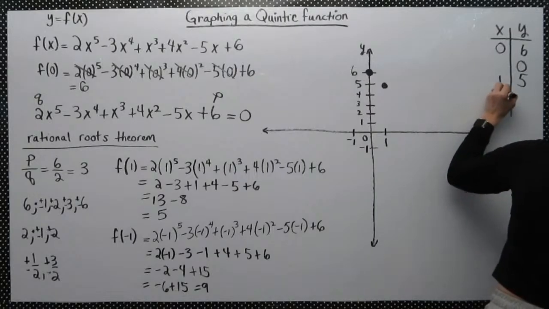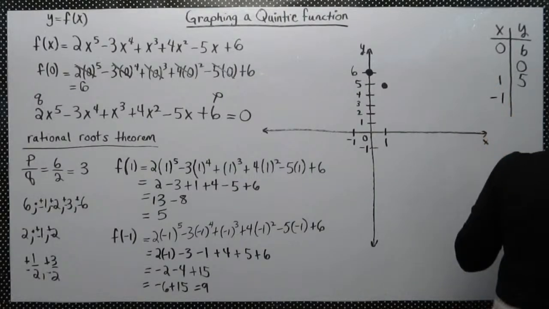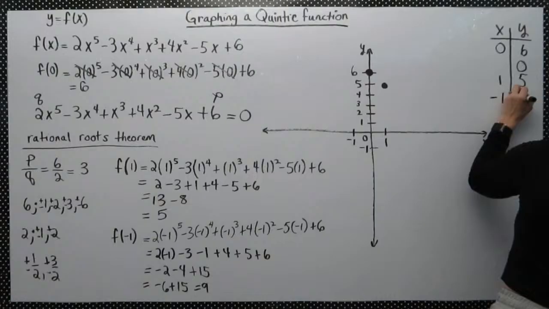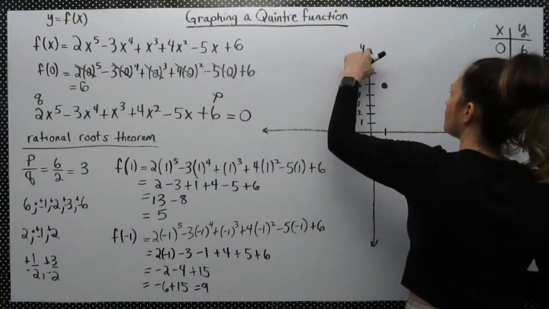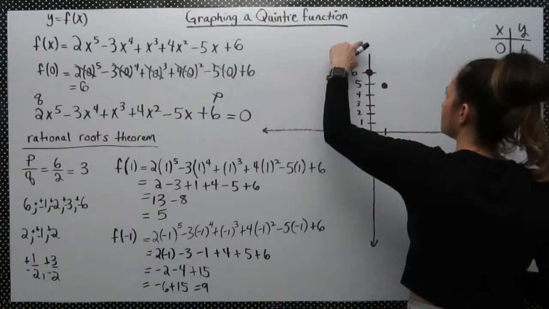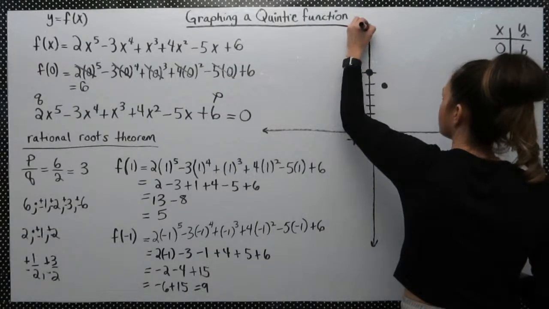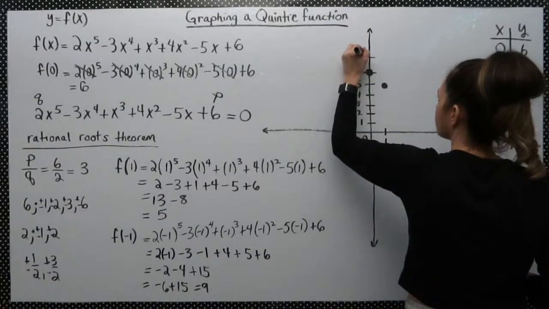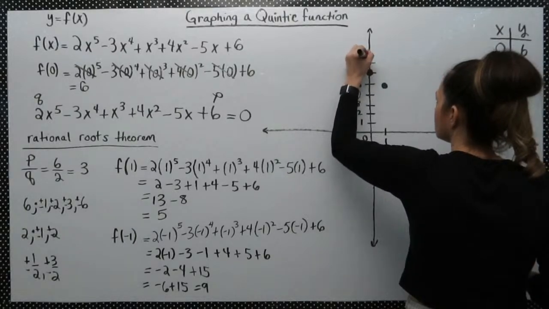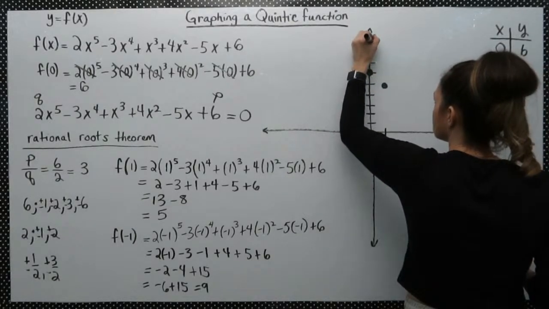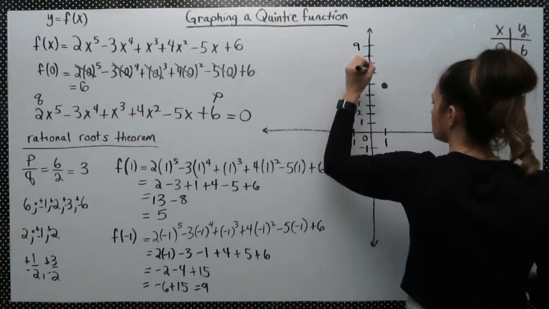It's going to be out of order. -1, I have to rewrite my table, is 9. Make this a little bit bigger. See, 7, 8, 9. That looks decent.